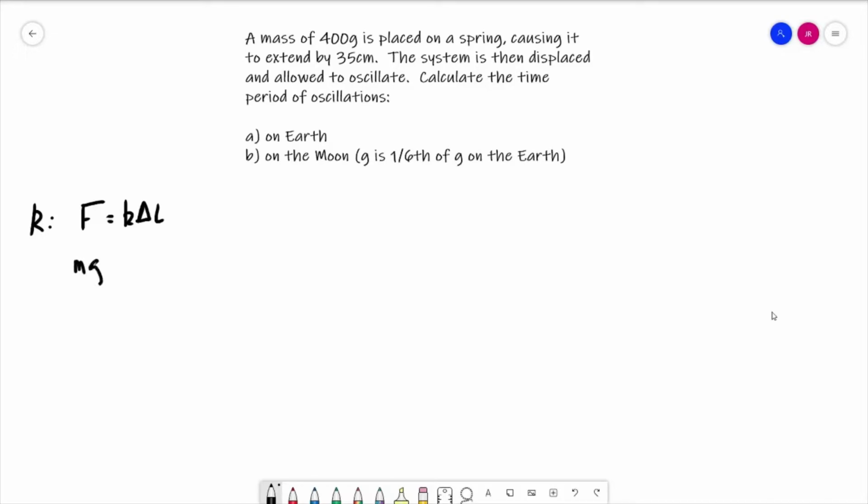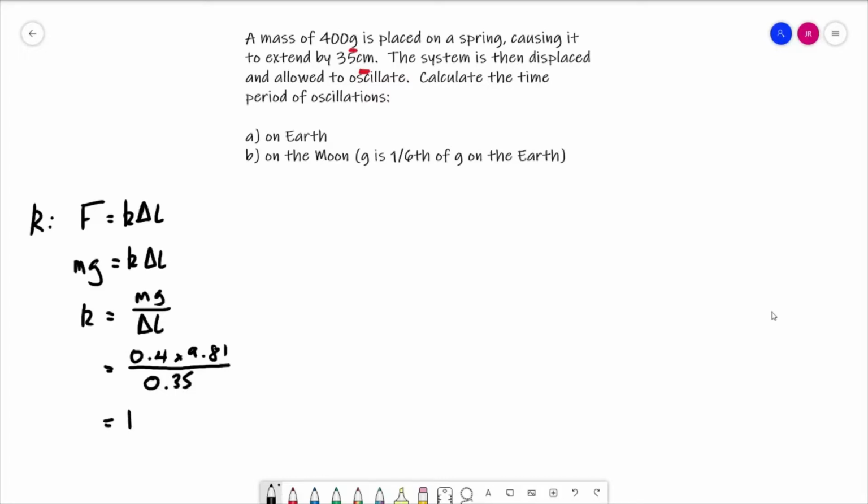Obviously that is then mg is equal to K delta L, or in other words, K is equal to mg divided by delta L. Plugging the numbers in, we get 0.4, remember I've given it you in grams so we do need to convert, multiplied by 9.81 and then divided by, and again we're in centimetres, so we need to convert that into 0.35 metres.